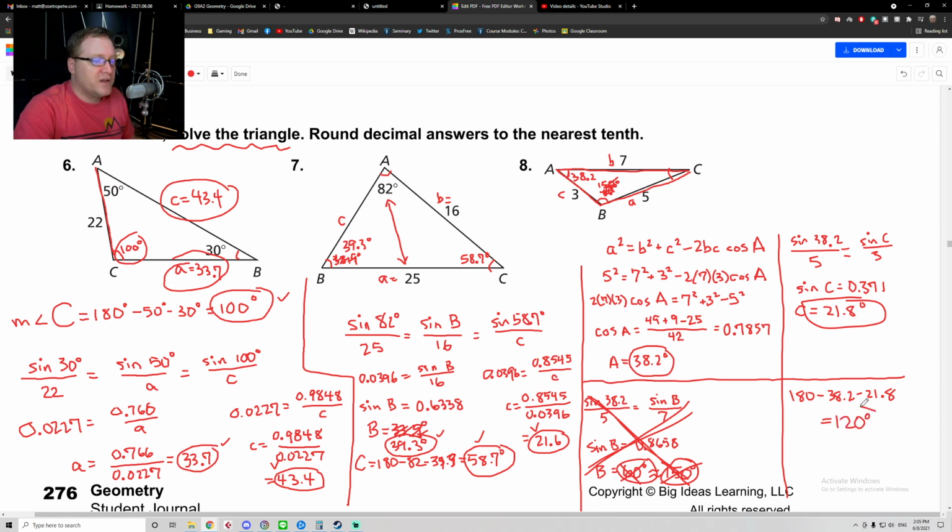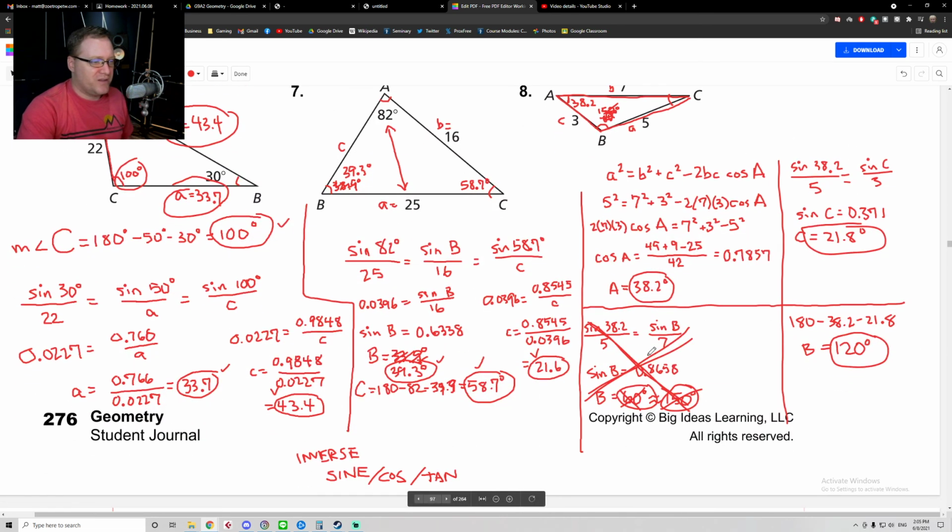And that is going to be B. So now we have found all the angles. I'm sorry that there's a mistake here. It's because the inverse sine, cosine, and tangent functions have some weird properties. So just try and find the acute angles first, and then find the obtuse angle.